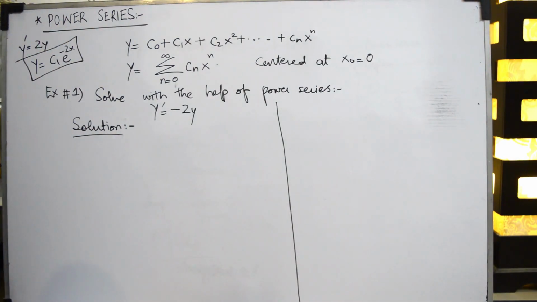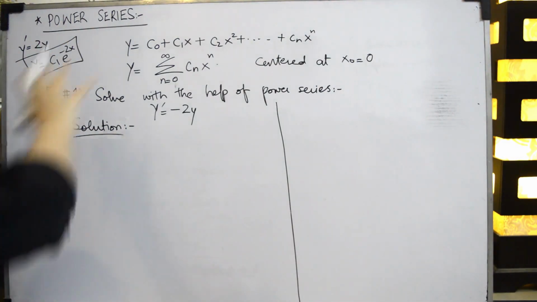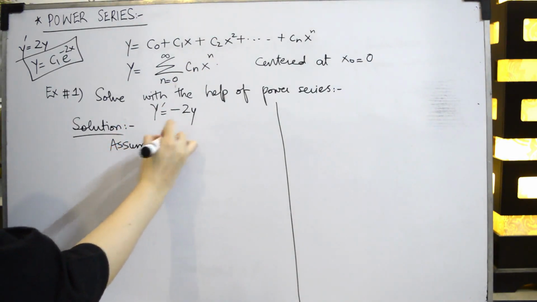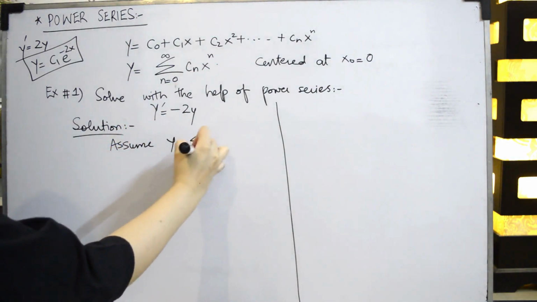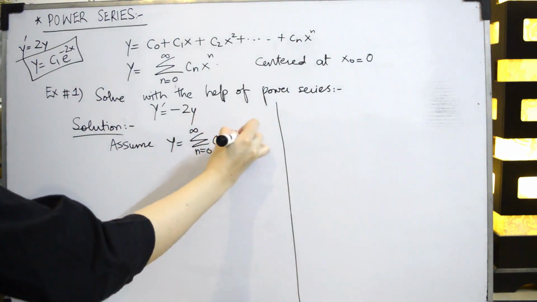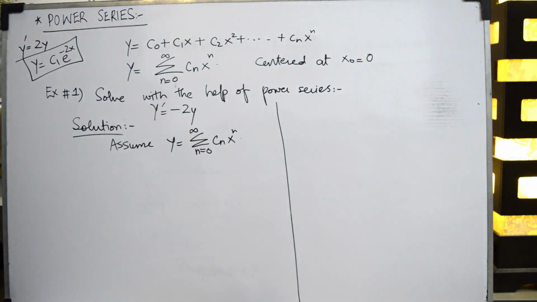First step: we assume the power series. Let y be written in the form of the power series, sum of cn x to the power n. It can be differentiated term by term.